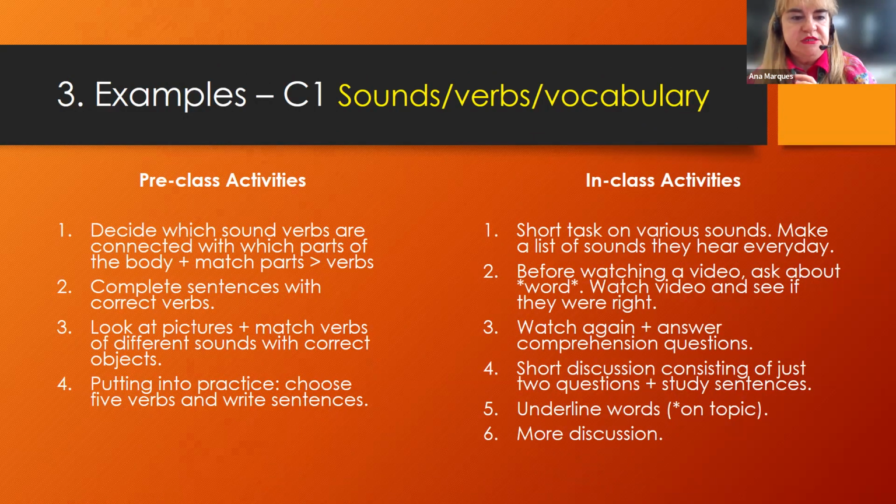Sound verbs, decide, as it says here, which sounds are connected to parts of the body. So we have smack, hand, slurp, mouth, swallow, throat. Okay. Then we complete sentences by using these verbs, depending on what we have in the sentence. Then we can have also, as the pre-class activities, looking at pictures with different sounds.